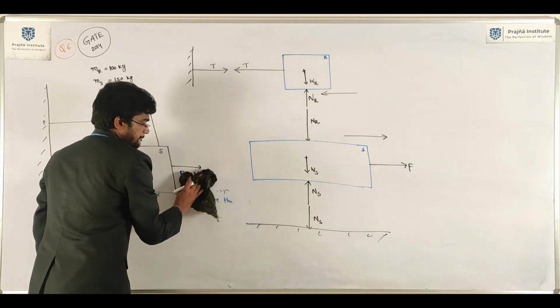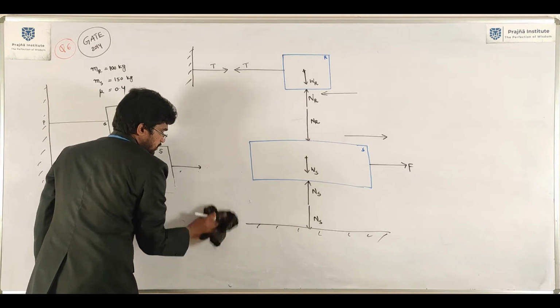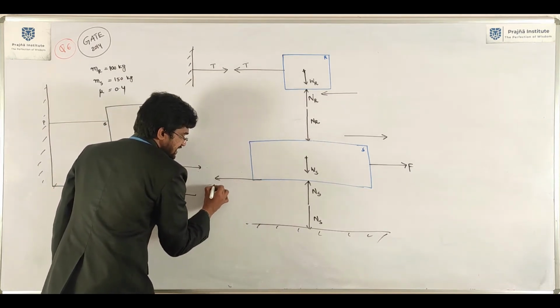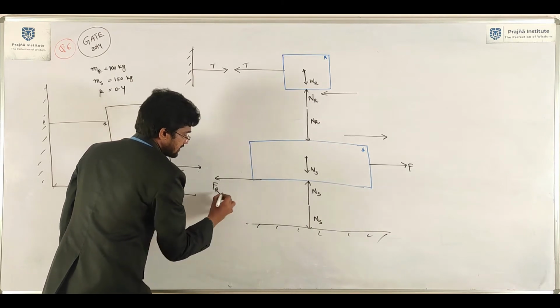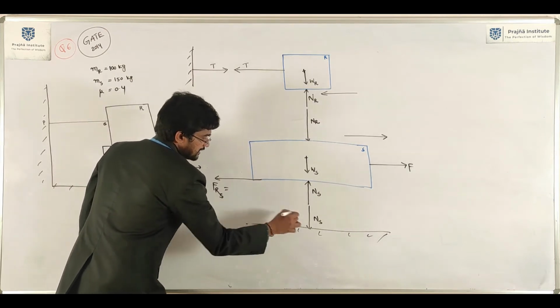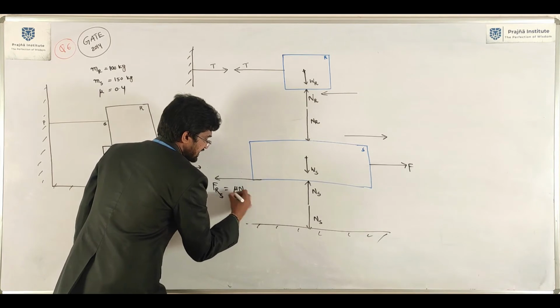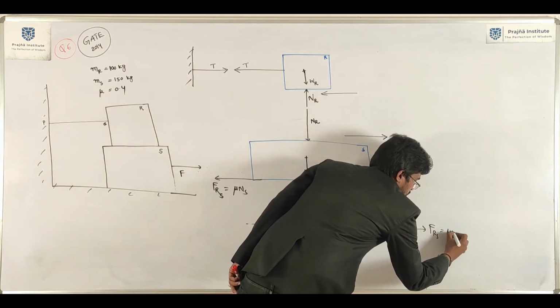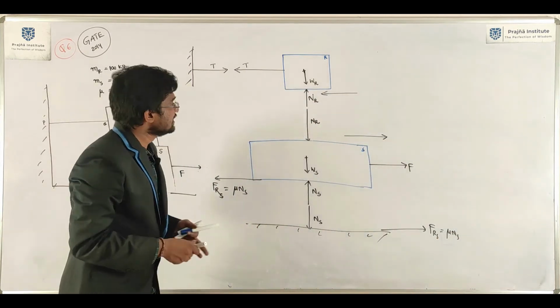It is the minimum amount of force required to move the block. Frictional resistance F_RS is mu N_S. This is relative friction. F_RS equals mu N_S. Clear?